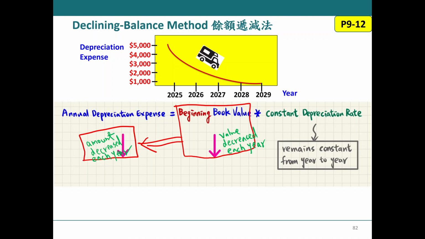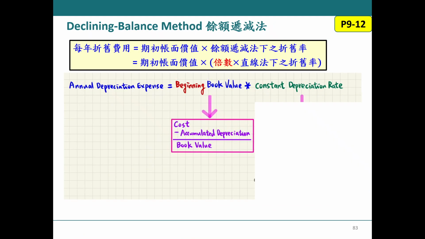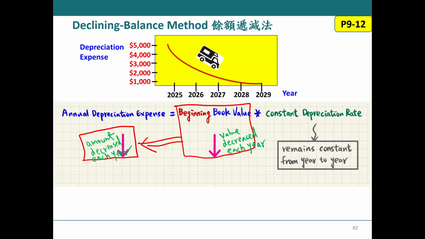Then let's see, since you understand the formula, how to get the beginning book value. Beginning book value is our book value on the first day, right? So how to get the book value?